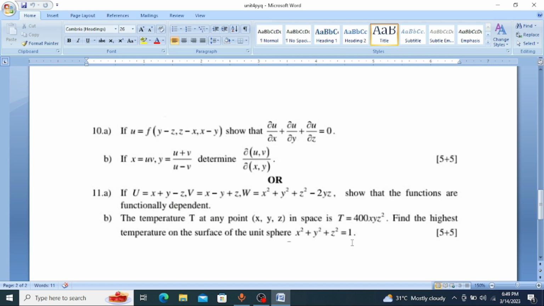So phi is this, and this is the f value. We know Lagrange's multiplier, that is capital F is equal to small f plus lambda into phi. So you have to differentiate the capital F function with respect to x, y and z. Then you solve those equations and you will get the values of x, y and z, and that will be the highest point of the temperature.